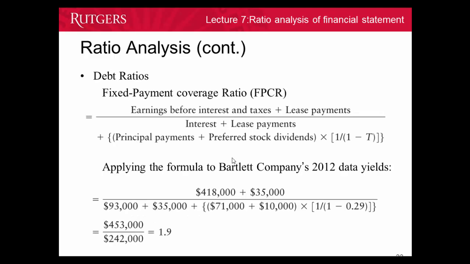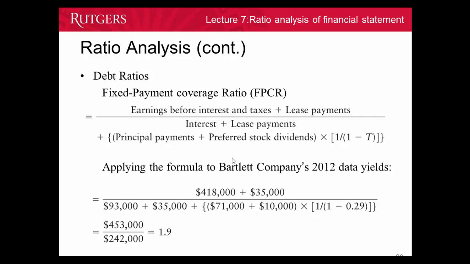The next debt ratio is the fixed payment coverage ratio. Compared with other ratios, the calculation of this one is a little bit complicated. It is to use earnings before interest and taxes plus lease payments, and divide this by interest plus lease payments plus principal payments plus preferred stock dividends, and multiply this by 1 divided by 1 minus tax rate.